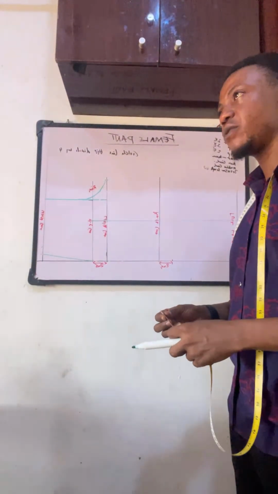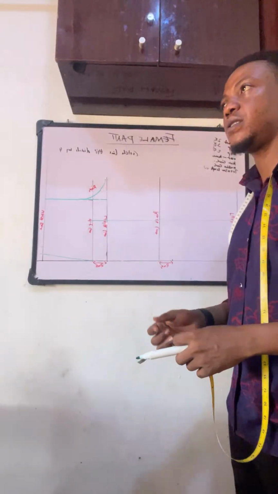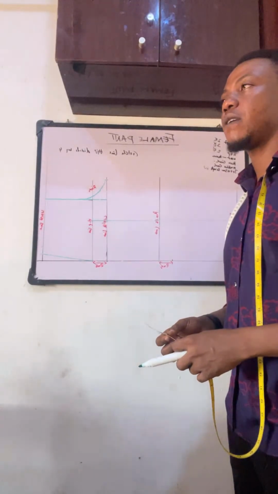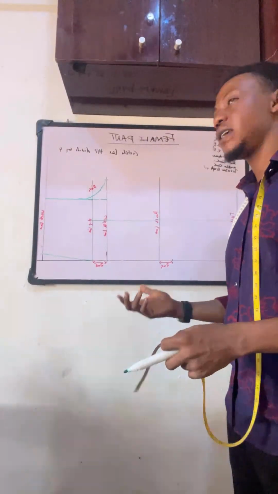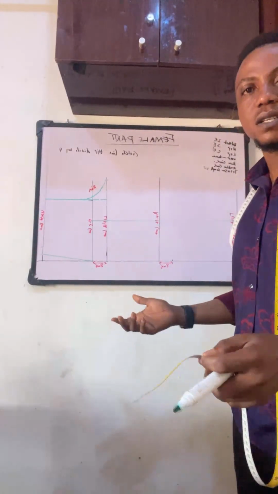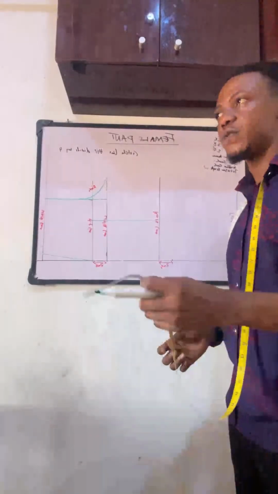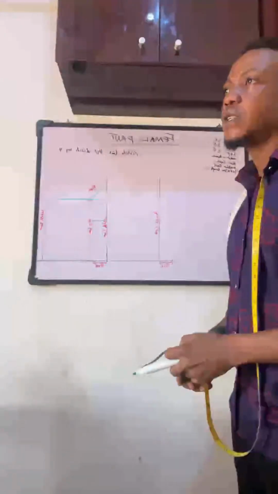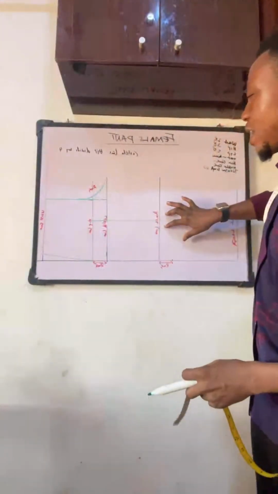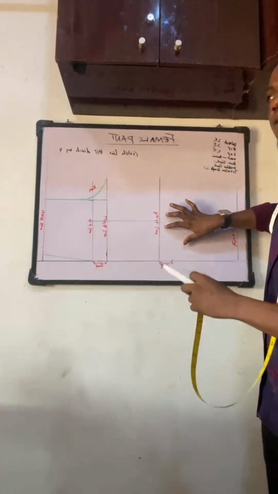Okay, let's make use of a figure that will be easy. So let's say we have our knee 16. 16 divided by 2, we have 8, right?